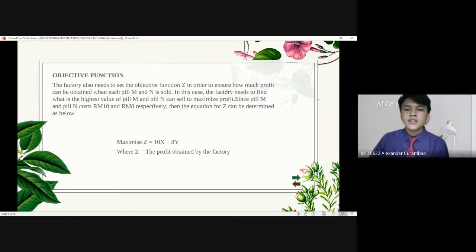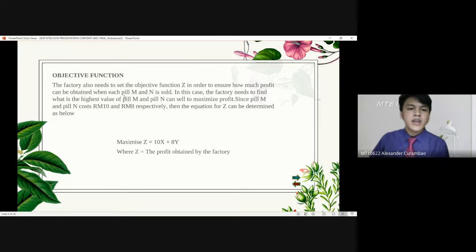Okay, the second one is that it needs to find the highest value of pill M and pill N that can be sold to maximize profits. So obviously, if a factory wants to sell products, the more products that can be sold, the higher the profit that they will get.